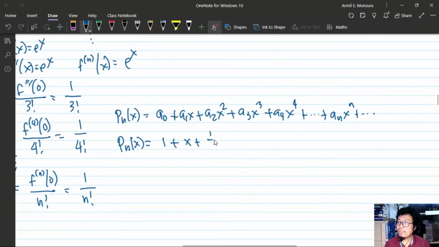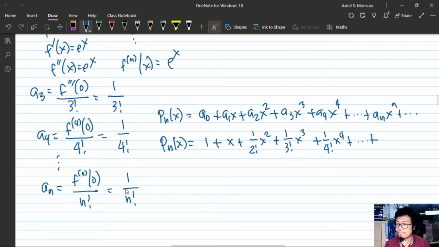So 1 over 2 factorial x squared plus 1 over 3 factorial x cubed plus 1 over 4 factorial x raised to 4. And the nth order term for your Maclaurin polynomial is 1 over n factorial x raised to n.